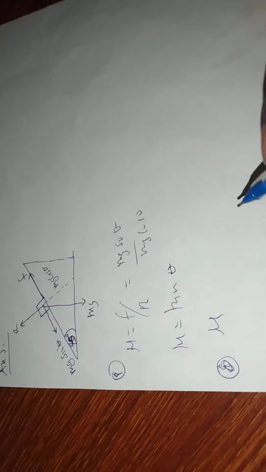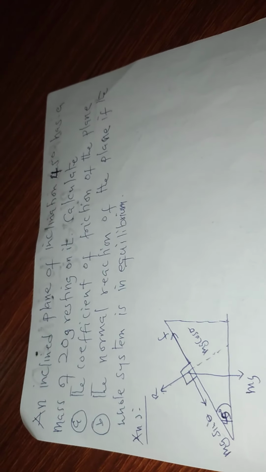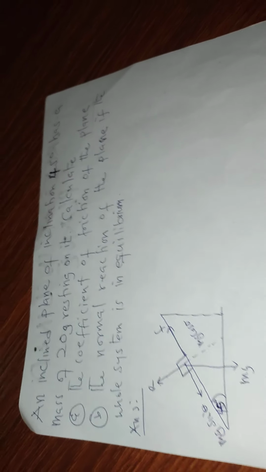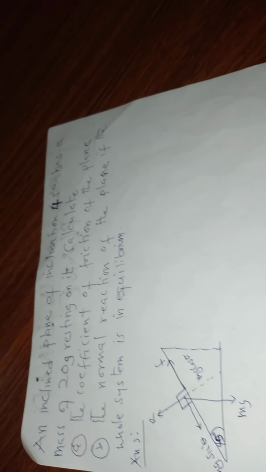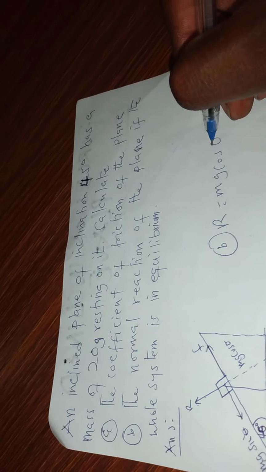Therefore, mu is equal to tan of theta. So for our first question A, the coefficient of friction mu here is equal to tan of 45 degrees. And we all know tan 45 degrees is equal to 1. Therefore, the coefficient of friction mu will give us 1. Then the second aspect of the question, you have been asked to find the normal reaction of the plane if the whole system is in what? Equilibrium. You can see from the diagram that R is equal to mg cos of what? Theta.